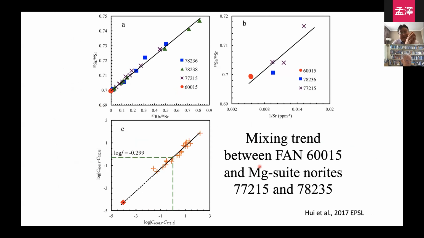If we plot the radiogenic isotope data and also trace element data, we can see that these three samples show a mixing trend between them.